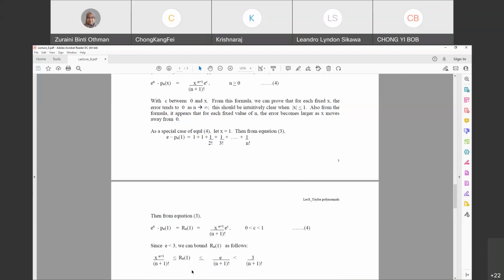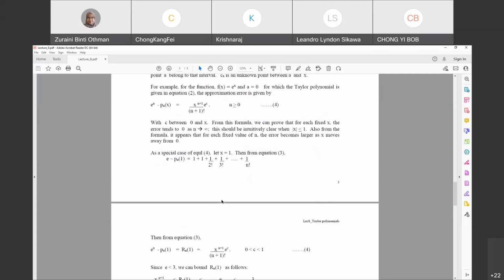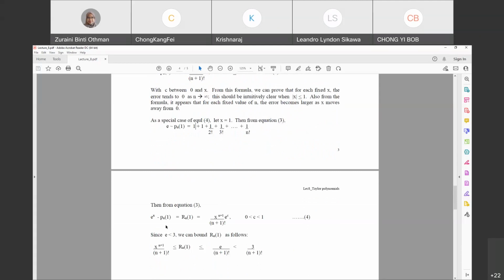Then we can make a conclusion which is the remainder punya ralat untuk remainder Rn as follow, which is x^(n+1) divided by (n+1) factorial yang last kali ni tadi, dia lebih kecil daripada remainder Rn(1) and ia ialah juga lebih kecil atau sama dengan eksponen kuasa 1 dan dia juga ialah lebih kecil daripada 3. Macam tu. Faham tak?